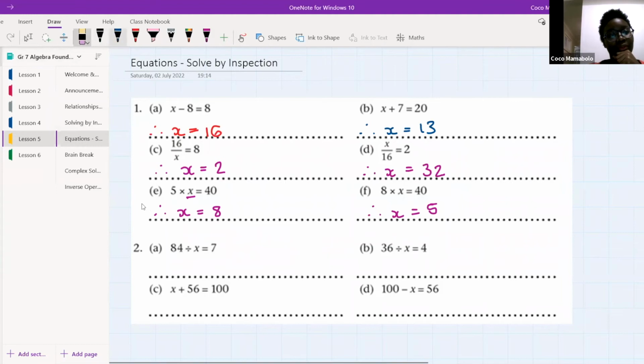Okay, so it says 84 divided by X is equal to 7. Let's say, therefore, X is equal to. If you're stuck, check in the chat. Most people in the chat are helping you out. 12. Excellent. X is equal to 12.